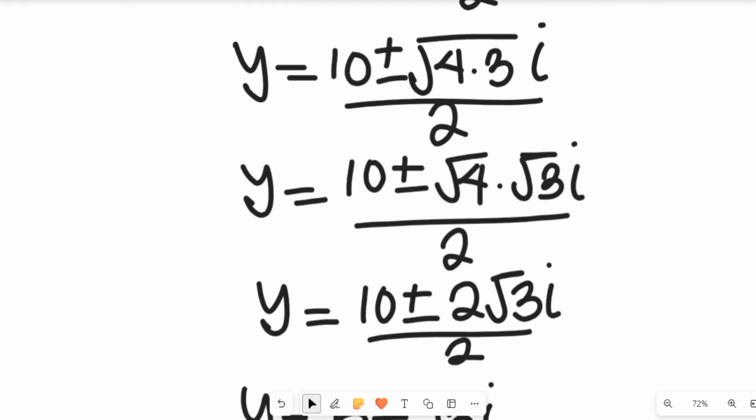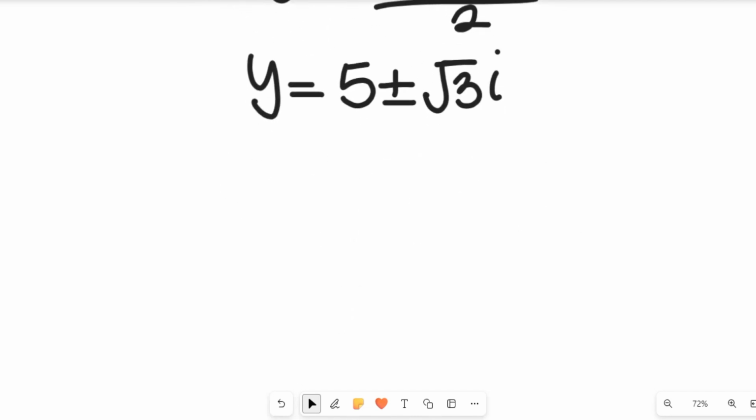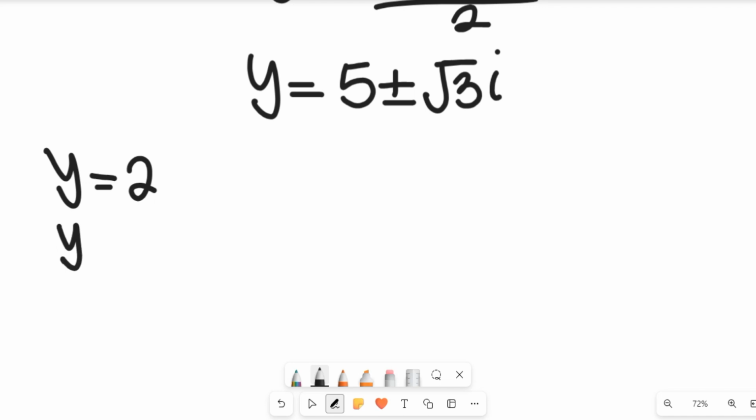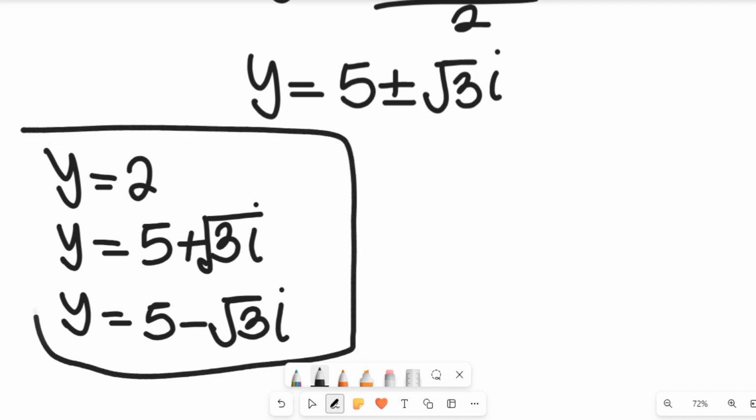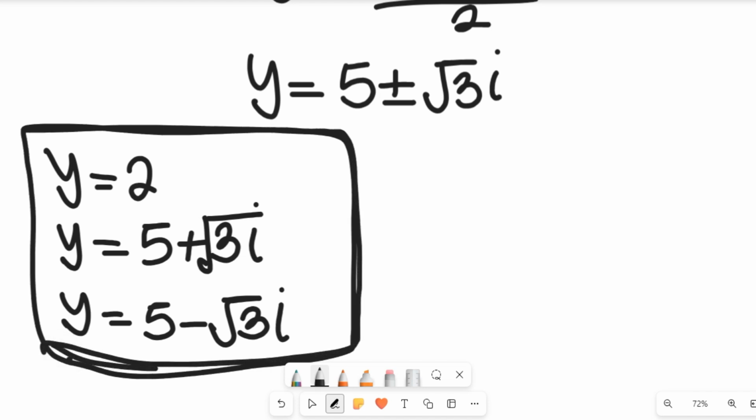We still have y equal to 5 plus square root of 3 imaginary. We still have y equal to 5 minus square root of 3 imaginary. So these are the solutions, both real and imaginary, that we can get from the expression given to us.